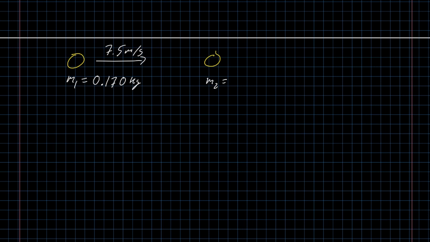This one is ever so slightly lighter, 0.160 kilograms. And this one is currently not moving at all. All right, the two billiard balls are going to collide, and then they're going to start moving differently.